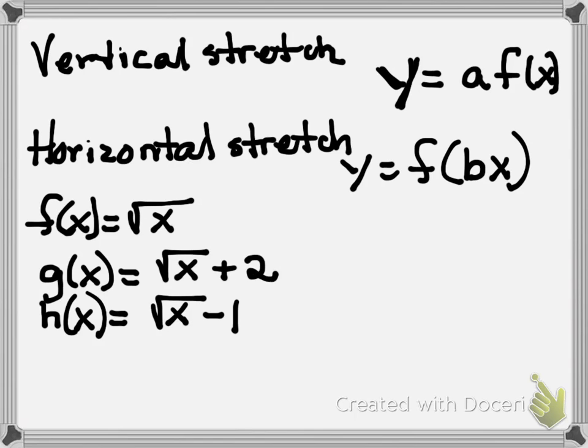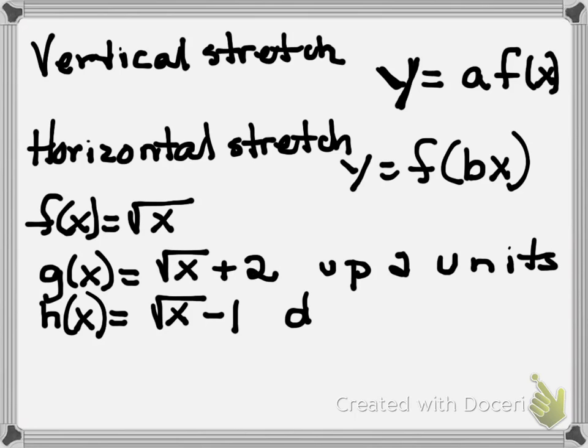Well, in g of x, this would be vertical, and we're going to be going up 2 units, because this is like f of x plus d. If we had an h of x, we have a negative 1. It's not underneath the radical. It's subtracted from the square root of x.